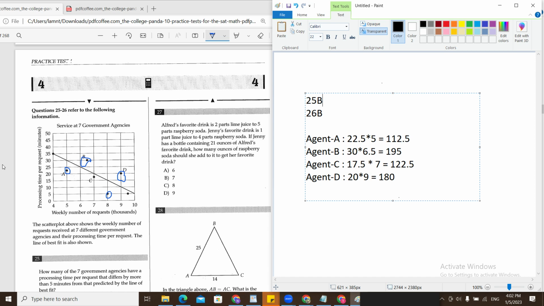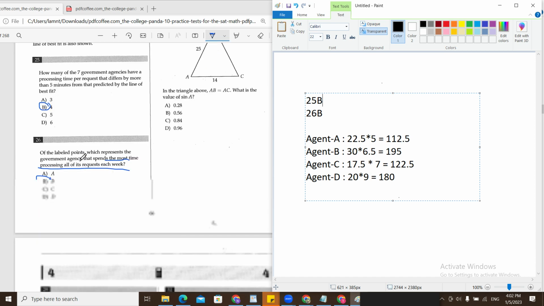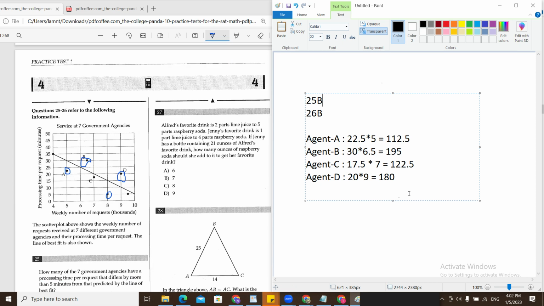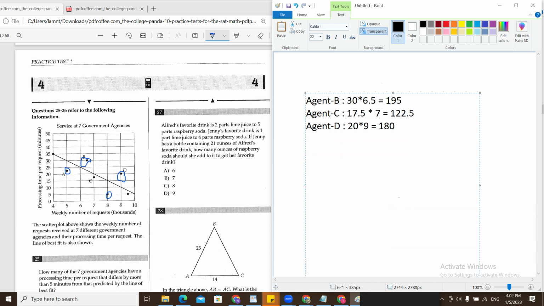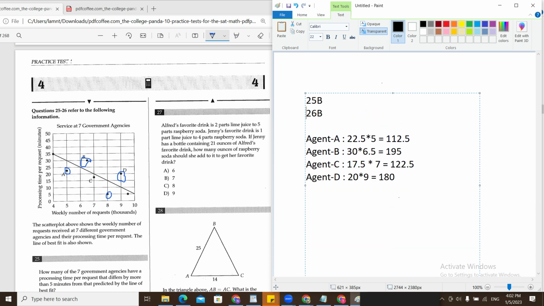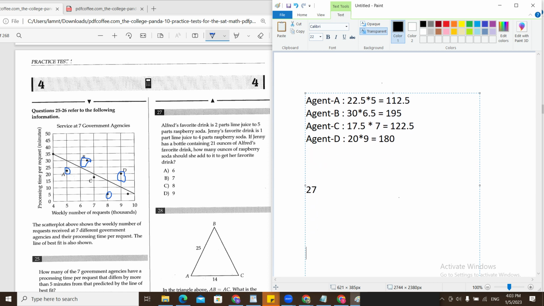Okay, so this is kind of a ratio exercise here, so let's see. So now Jenny has Fred's favorite drink, alright? So Jenny now has Fred's drink, which is 2 lemon juice to 5 soda, right? So 5 raspberry soda.